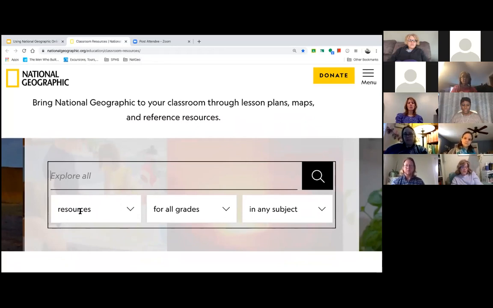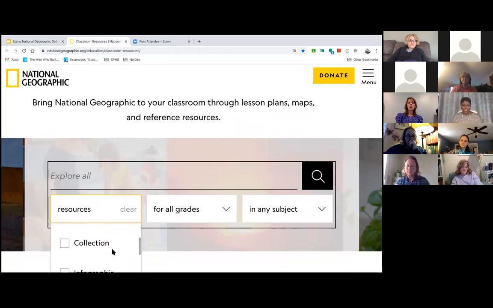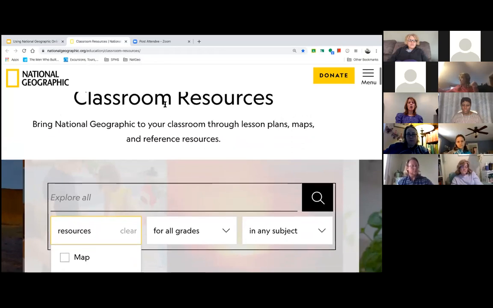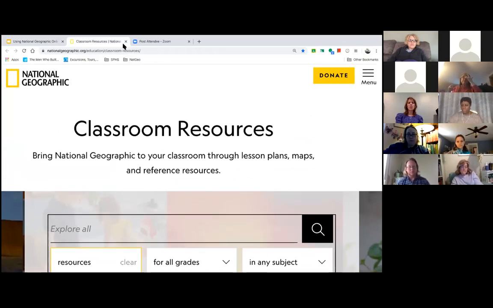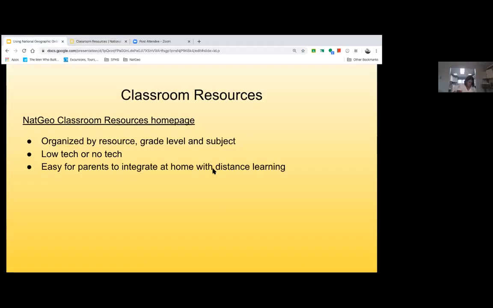Here you have an opportunity to click on what type of resource you would like to input. I'll show you a couple of them and give you an idea of what they look like. And again, you can change it for the grade and then the subject itself. And all of these links that I am going to share today with you are available on the actual posting for the presentation itself.